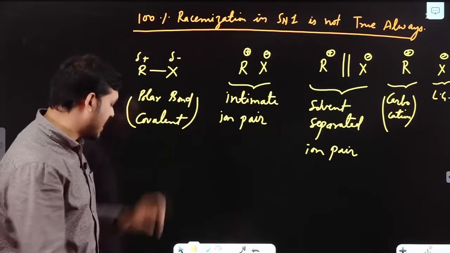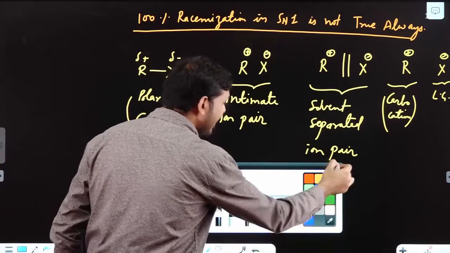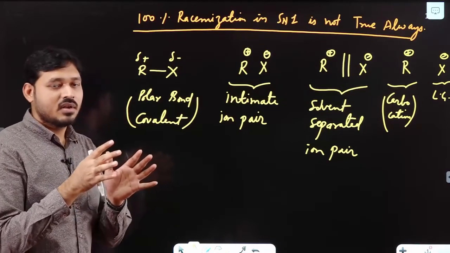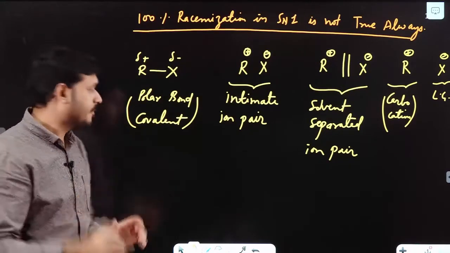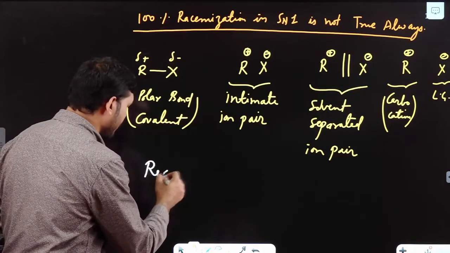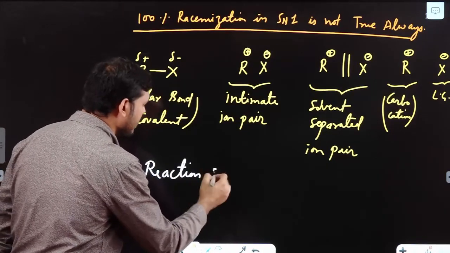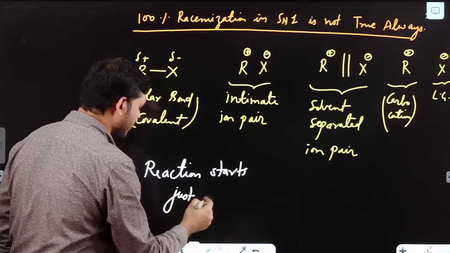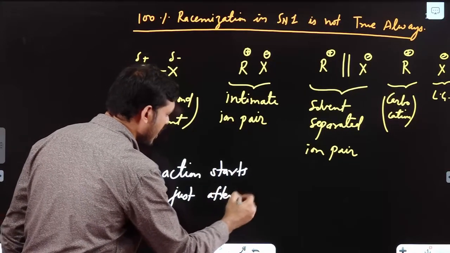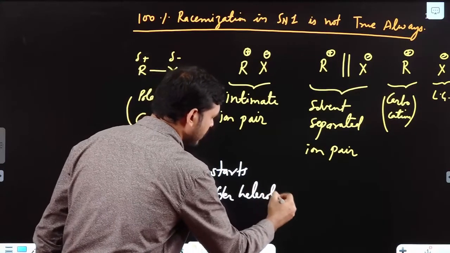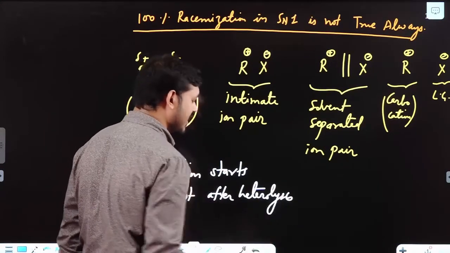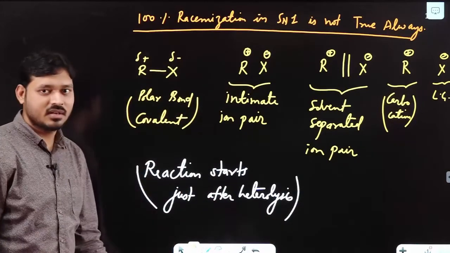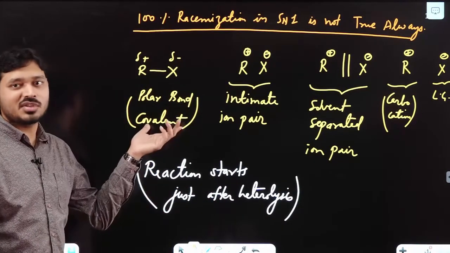Okay. Now understand. When will the reaction start? Reaction starts just after heterolysis. Now what I mean when I say reaction starts just after heterolysis, heterolysis is also the reaction part only.